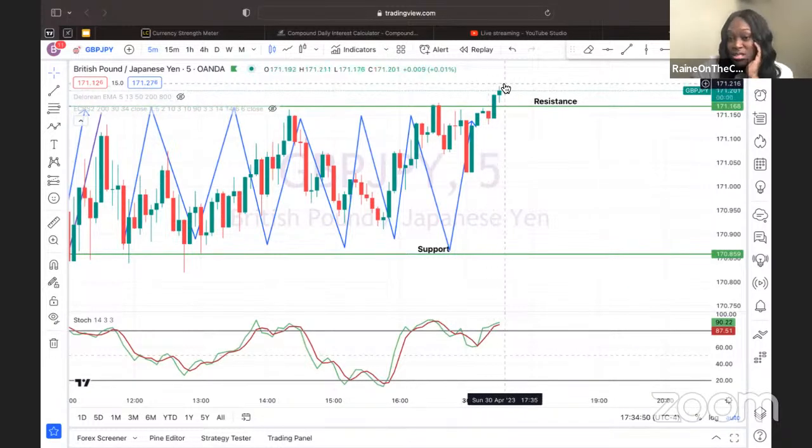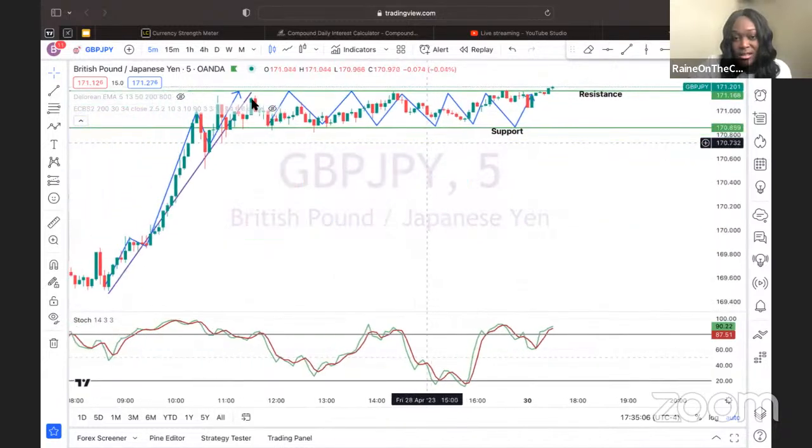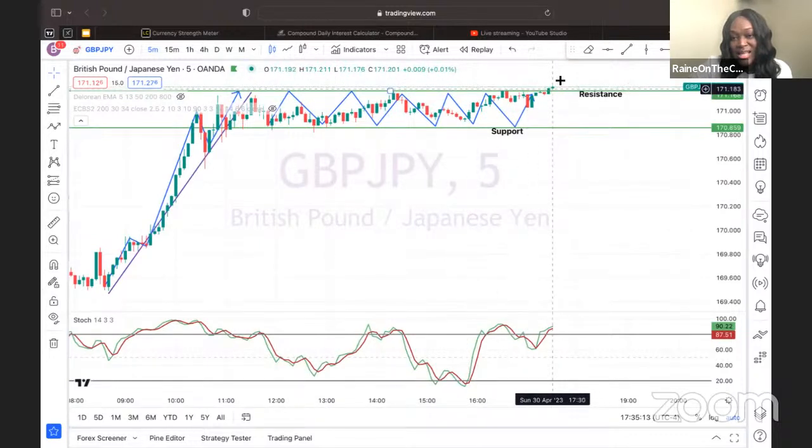I was waiting on a pullback. It did pull back, but then it already started to go up. So I would take this trade for a buy right now, because it broke above the resistance line. Remember I said I would want it to close above the line, and it did so with this candle. It closed above, right?